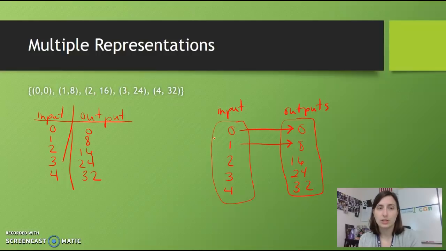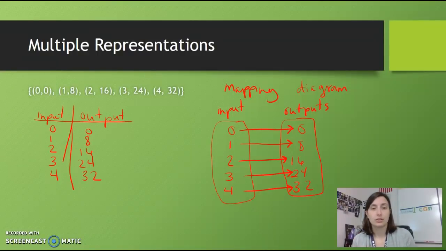Then 2, 16, so the arrow from 2 to the 16, from 3 to the 24, and from 4 to the 32. And so that's a mapping diagram. So here's our example of a mapping diagram.